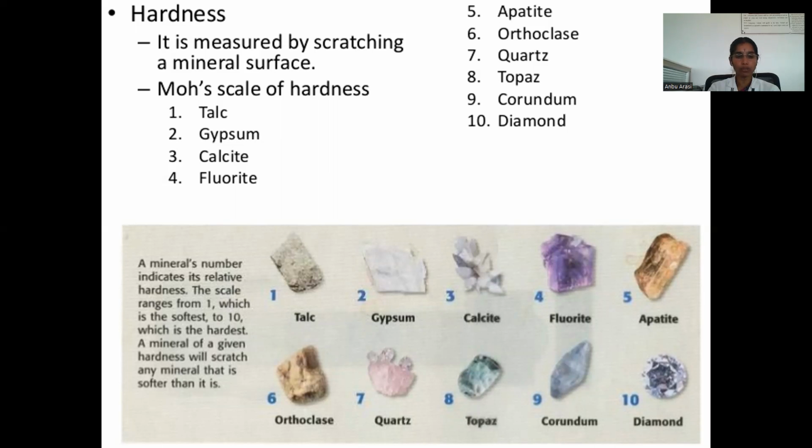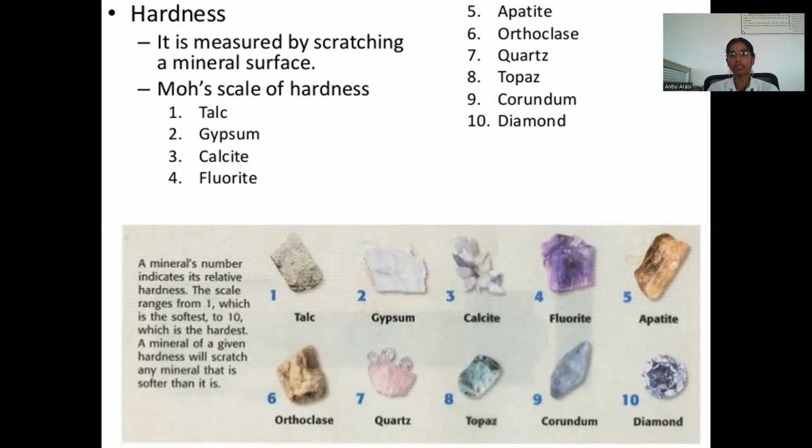In 1822, Austrian mineralogist F. Mohs proposed a scale of hardness, popularly known as the Mohs scale of hardness, in which he selected 10 minerals of known hardness and arranged them in increasing order of hardness from 1 to 10.